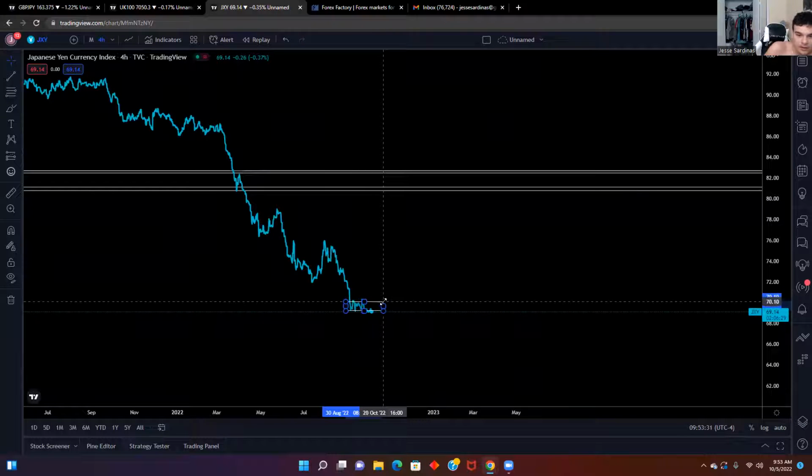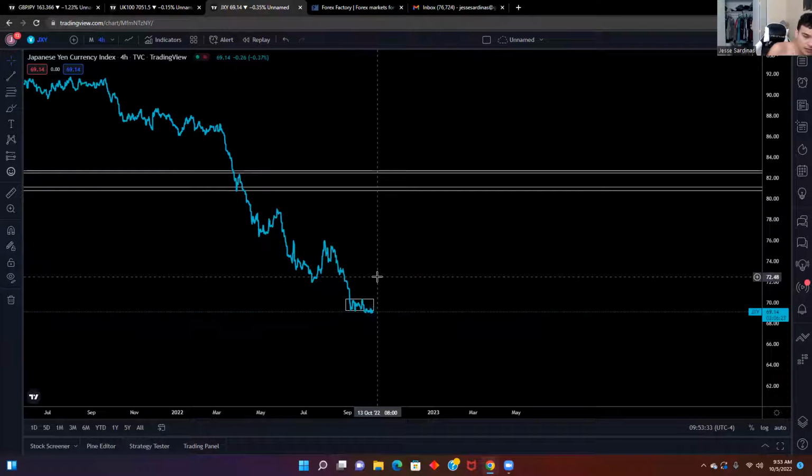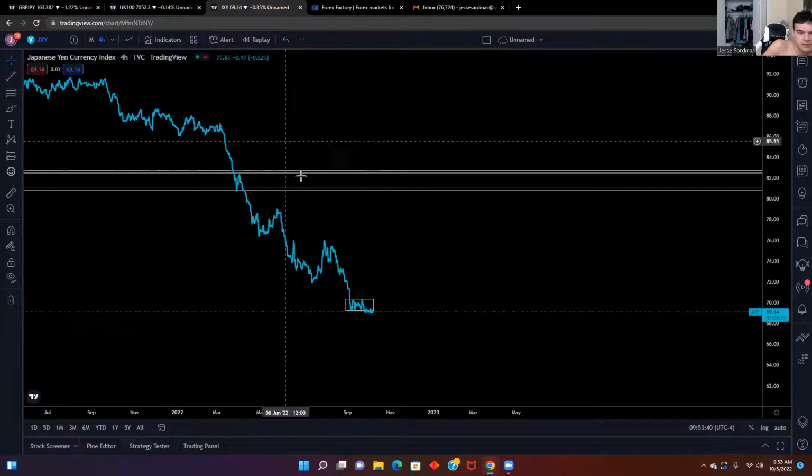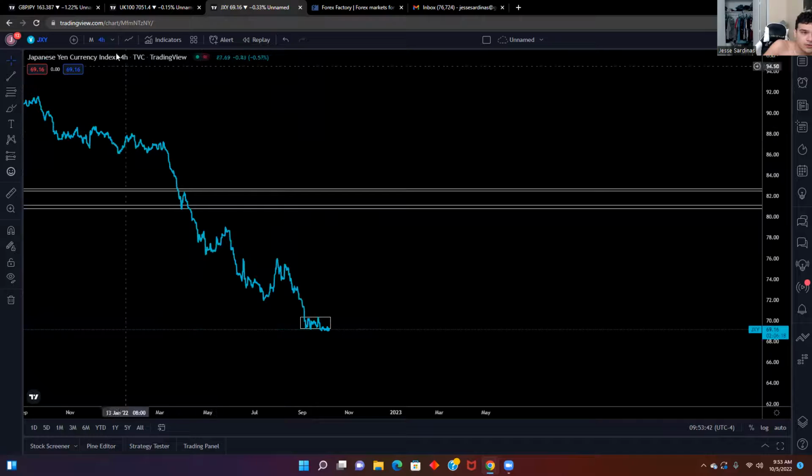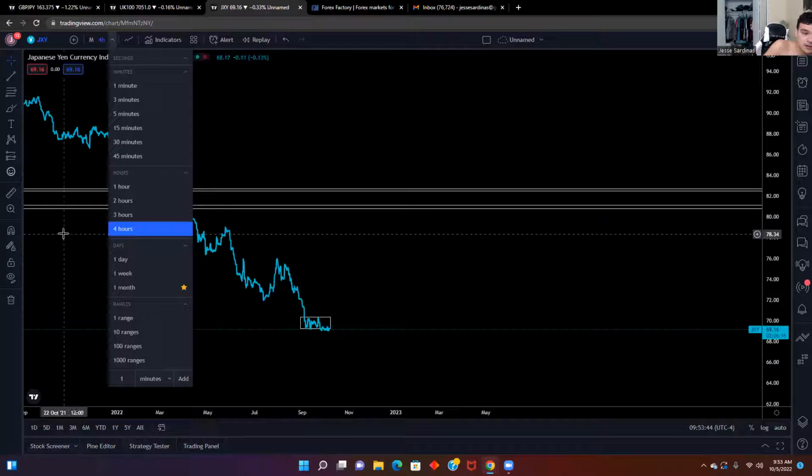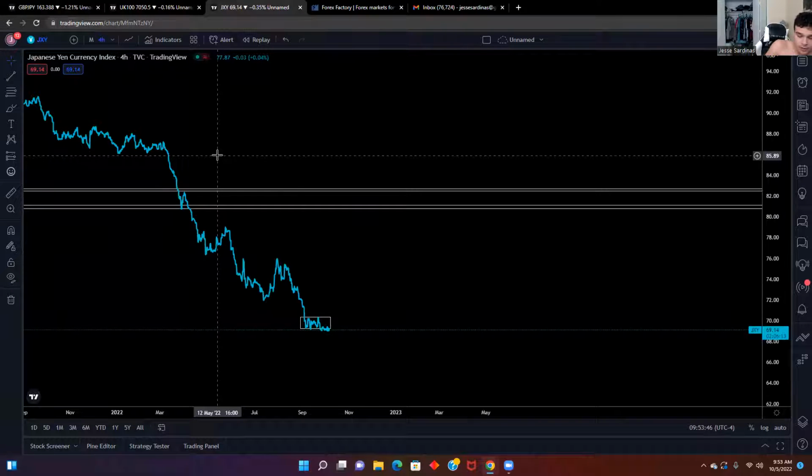This right here is JXY. If you do not know what that is, I'll go into that in another video. But this here is essentially the Japanese yen currency index. It gives you an idea, the way I like to see it on the higher time frame, of the macro bias sentiment.